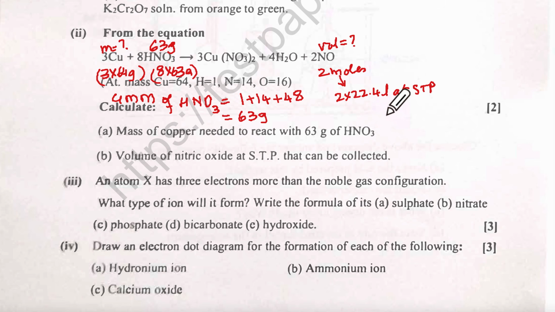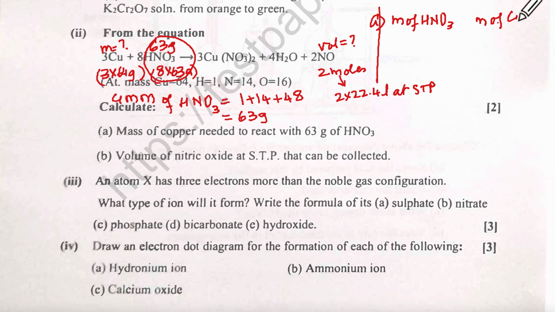All right. So let us look at our first, mass of copper. So known is which one? This HNO3. So we'll say mass of HNO3, and what do we need?